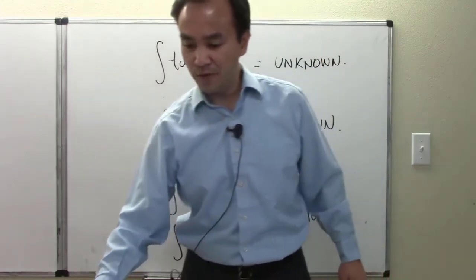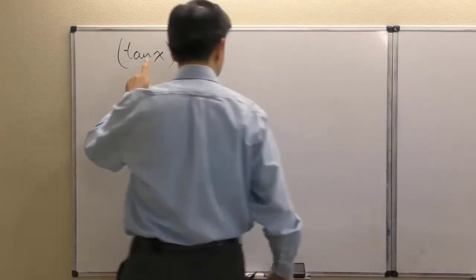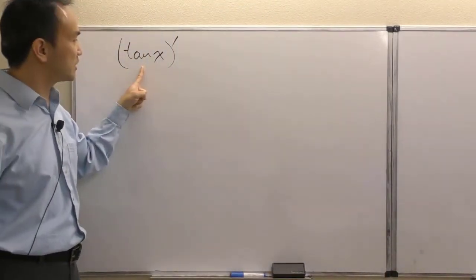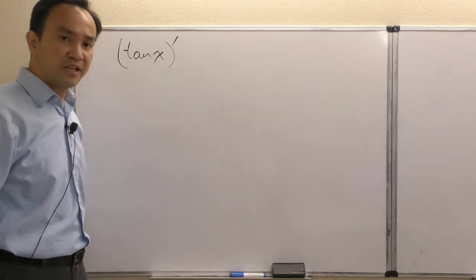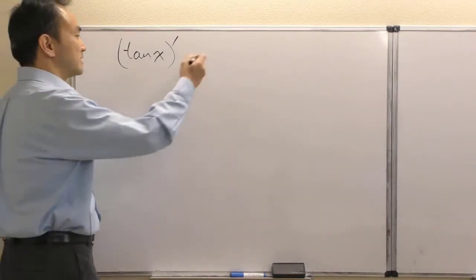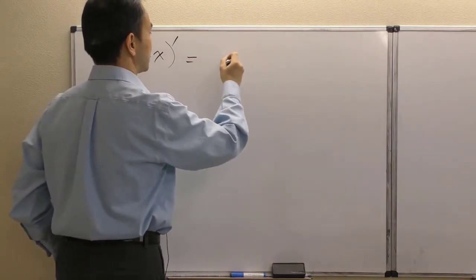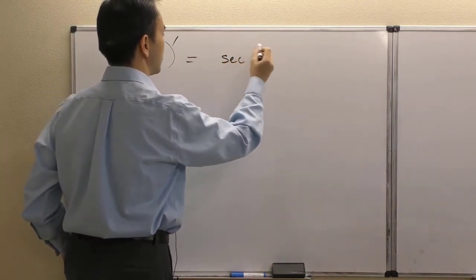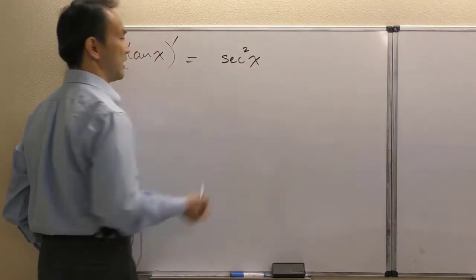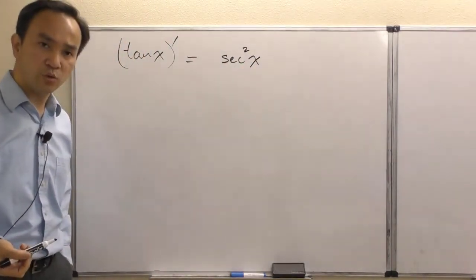But for now, I just want to recall the fact that when we take the derivative of tangent of x, that derivative gave us secant squared of x.